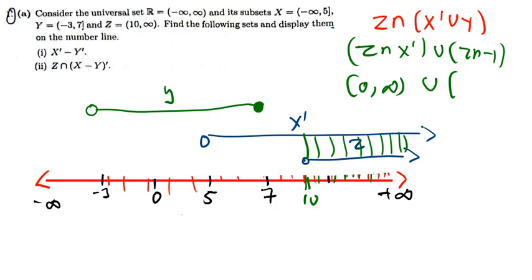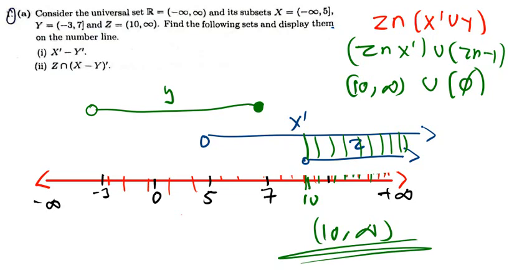This one is the empty set because they don't meet. There is no point where Z and Y meet. So (10, infinity) union empty set is (10, infinity), like that. If you want, you choose which one to go with. As simple as that, guys.